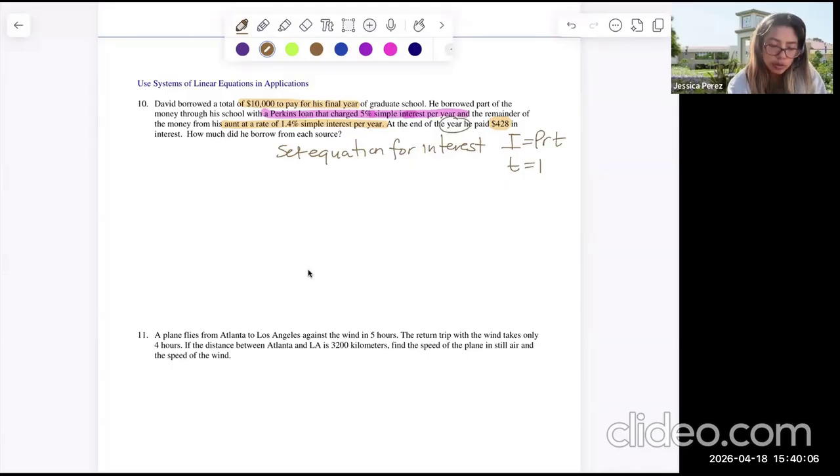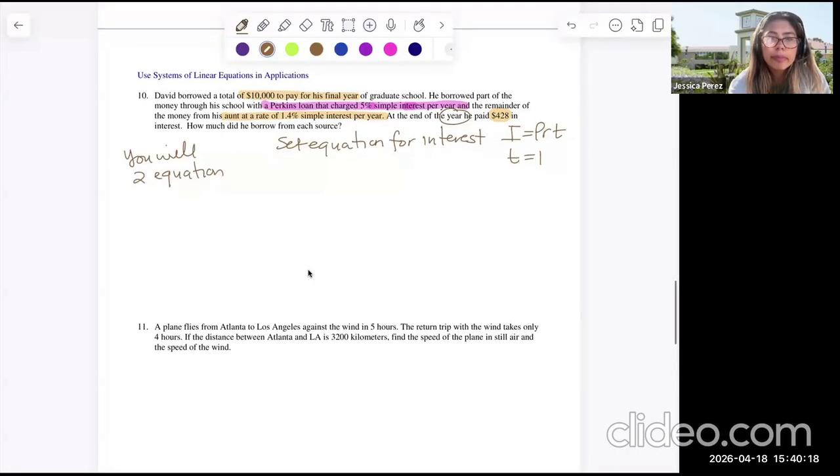Now you have two equations. Why two equations? Because he borrowed from two different people. He borrowed from the Perkins loan and from his aunt. So you're going to have two equations.